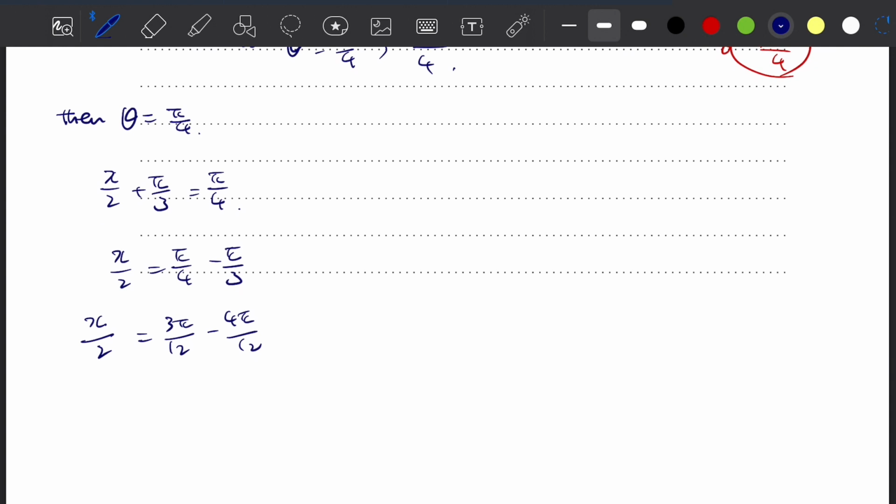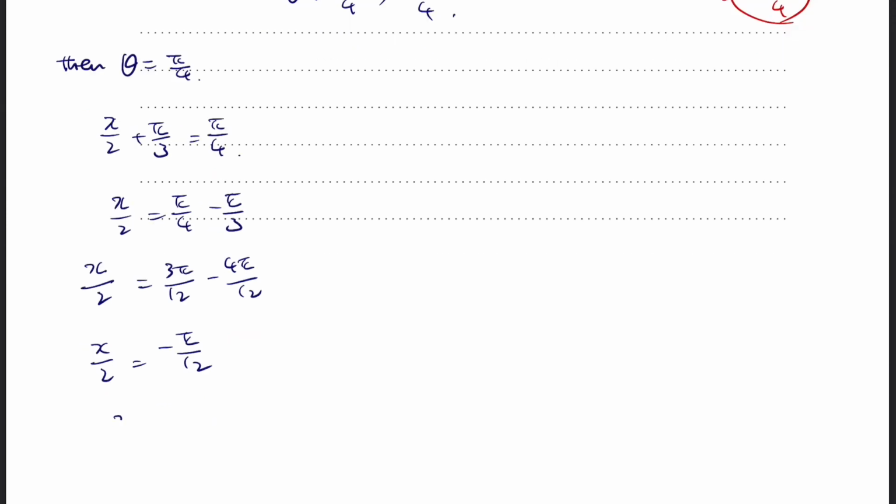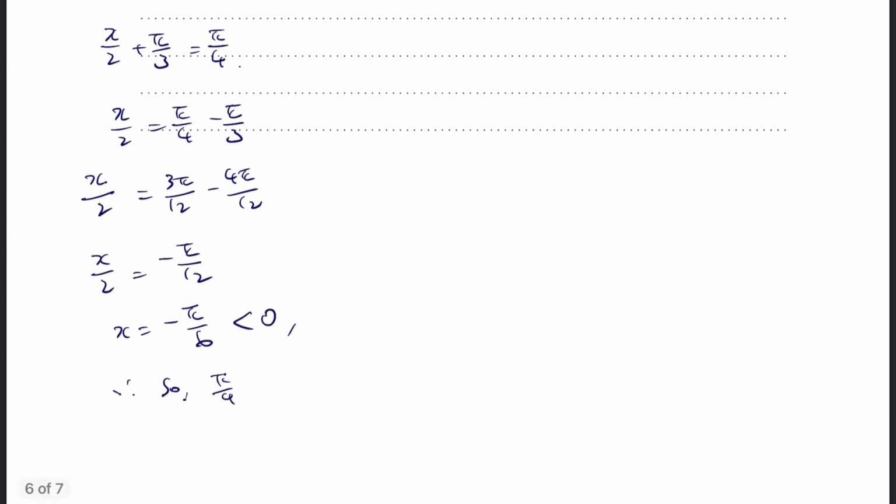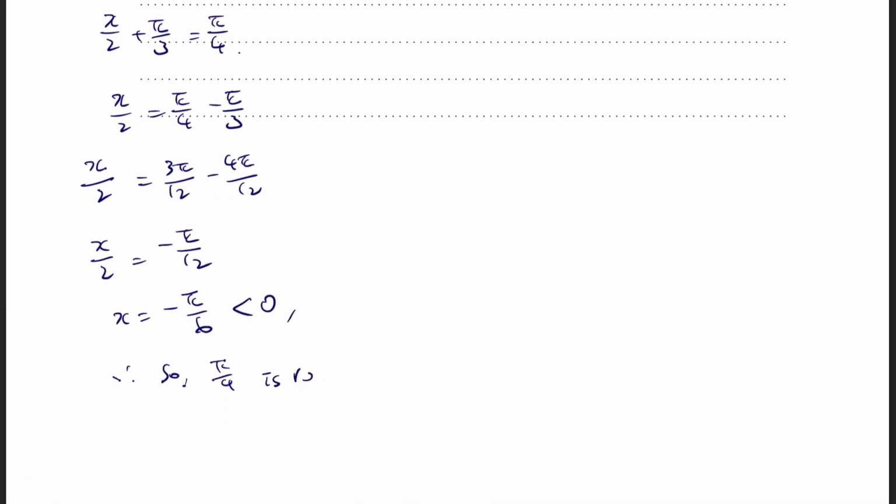Then x over 2 is equal to negative pi over 12, and the x value is negative pi over 6, which is less than 0. So pi over 4 is rejected.